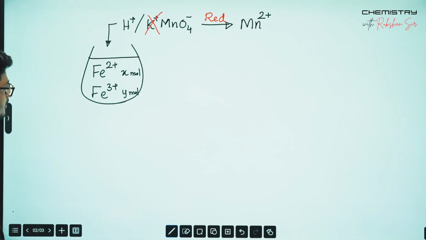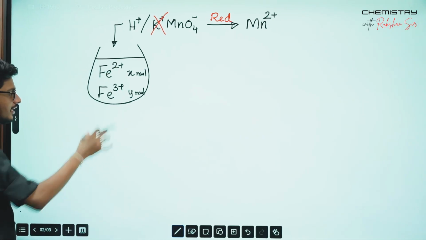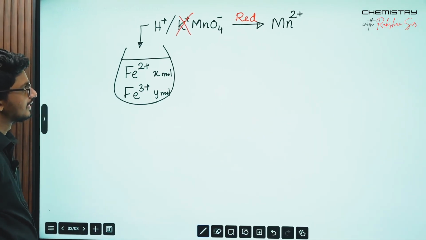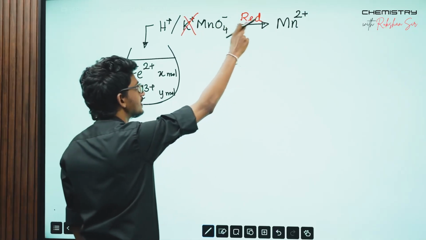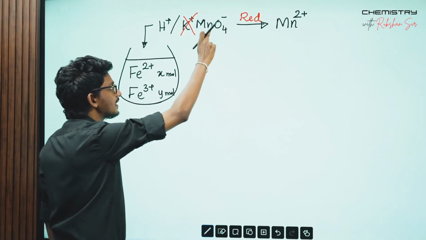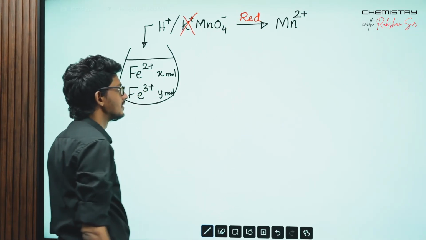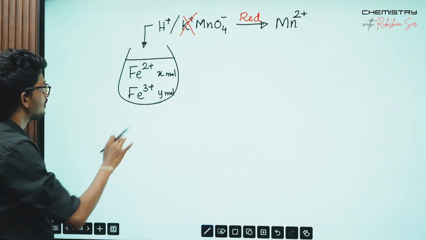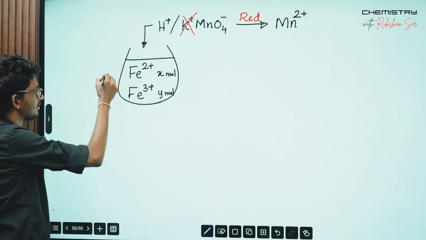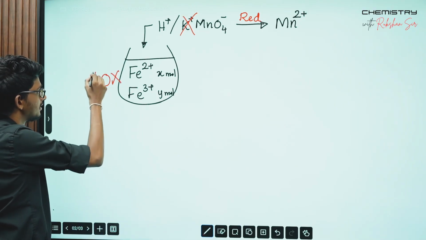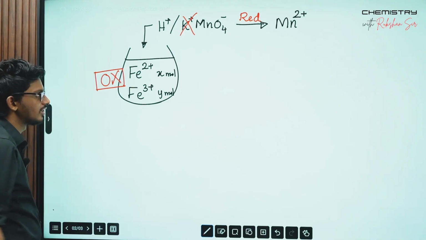So then, how to select which species will react here? If there is a reduction occurring here, definitely you should observe an oxidation at the flask.